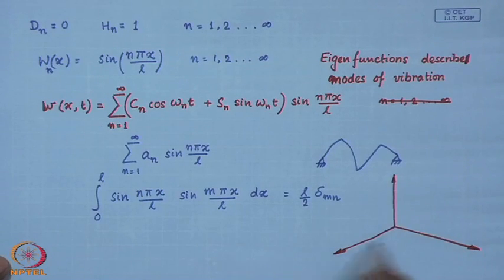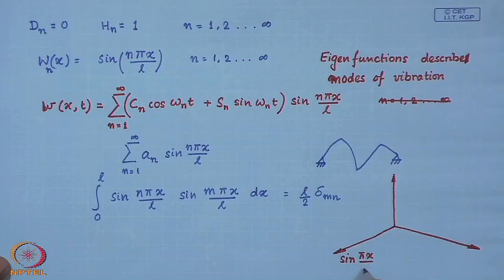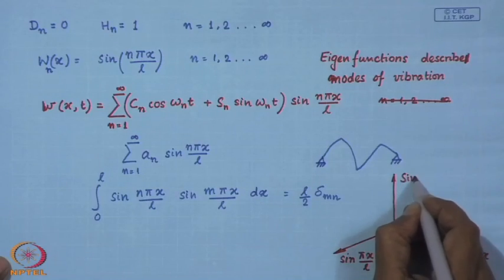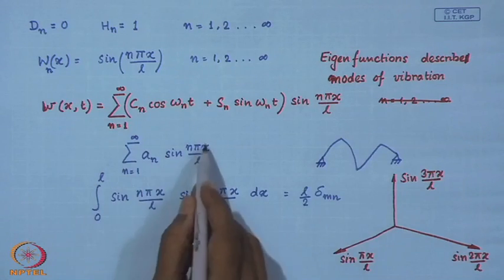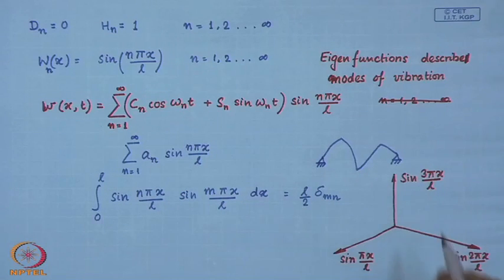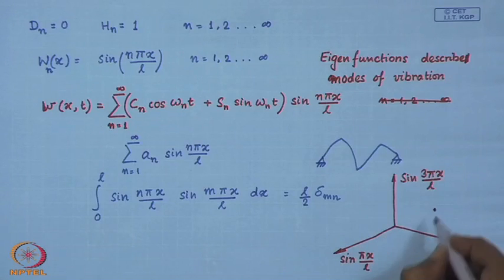Suppose I draw axes which are orthogonal to represent this orthogonality condition, and I call it sine pi x over L, call this axis sine 2 pi x over L, etc. I cannot draw all these infinitely many axes, but I appeal to your imagination that you can consider this to be an infinite dimensional space where axes are orthogonal to represent the orthogonality of these functions, and then a solution of this form or a representation in this form for a particular shape of the string is actually a point in this infinite dimensional space.